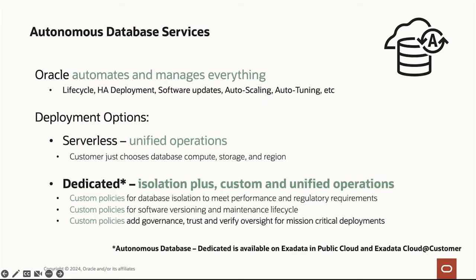Dedicated provides isolation and also greater control over database operations, since you'll need custom policies for isolation and versioning/maintenance lifecycle. Dedicated can also be available on Exadata Cloud at Customer, where you can provision multiple types of virtual machines on a single machine.